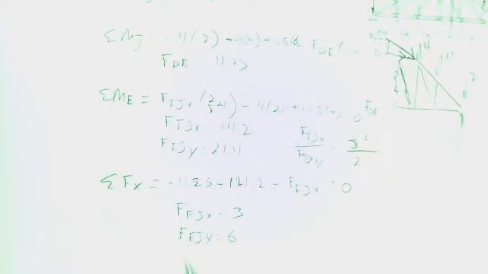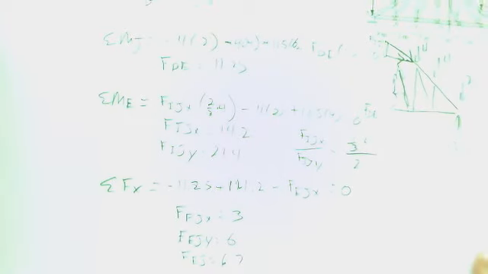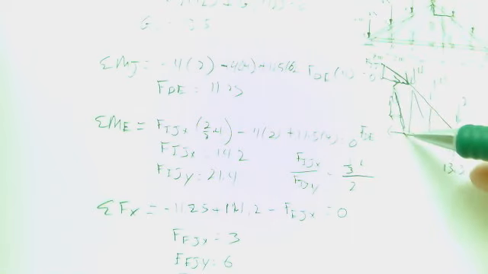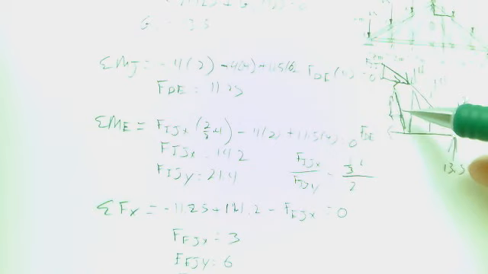And we could use the Pythagorean theorem to find FEJ to be 6.7. So we found the 3 forces, and by looking at this, FDE is pulling in, FEJ is pulling in, so those are both in tension, and FIJ is pushing out, so it's in compression.